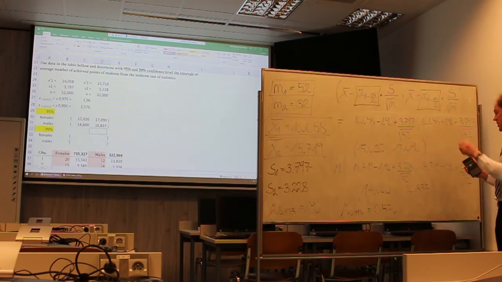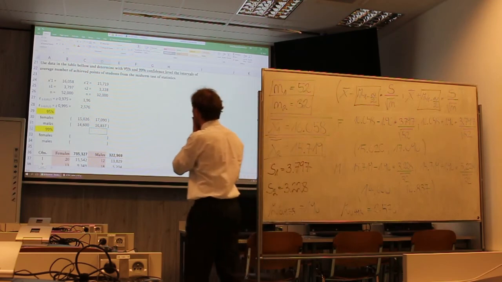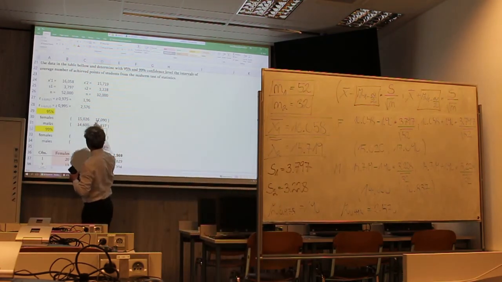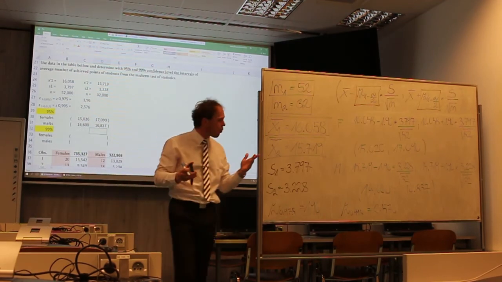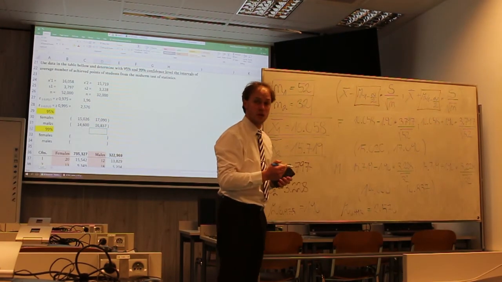Okay, so we have here the 95% confidence interval for females and for males for the expected number of achieved points. Yes, females and males. Okay, we will continue with 99% confidence intervals.